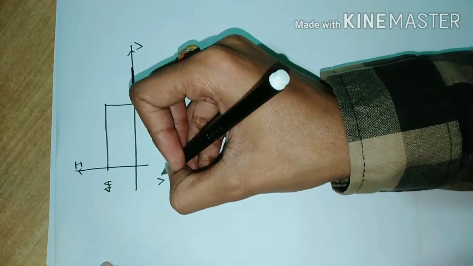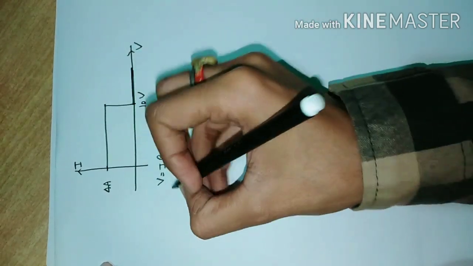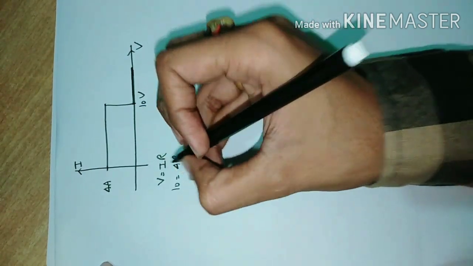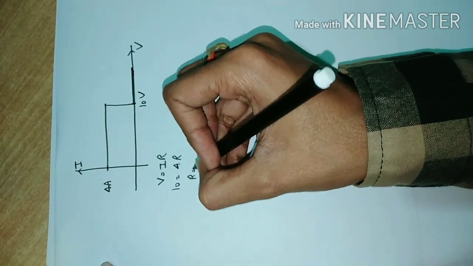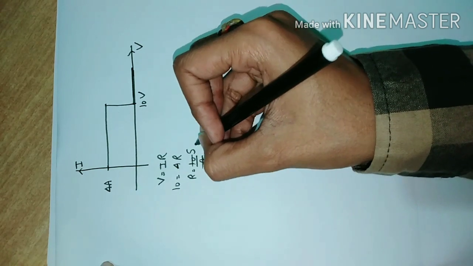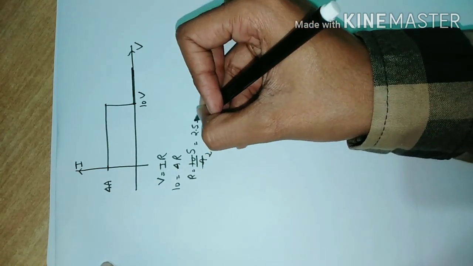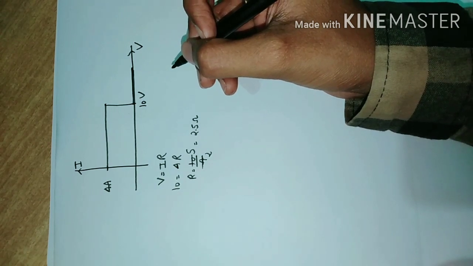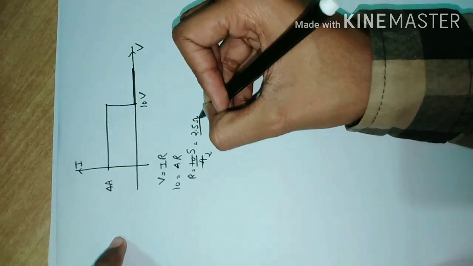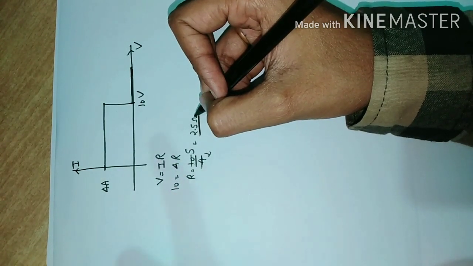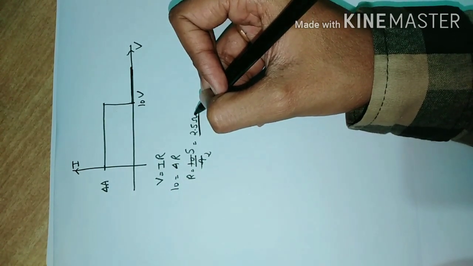V equal to IR, V is equal to 10, I is equal to 4, R. So R equal to 10 by 4, which is 2.5 ohm. Resistance 2.5 ohm at which maximum power is transferred.